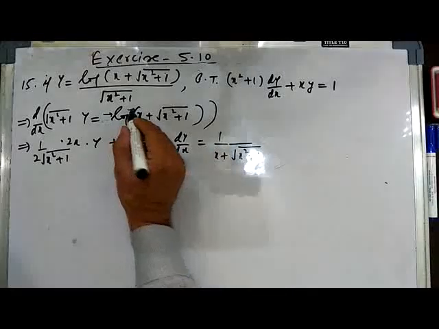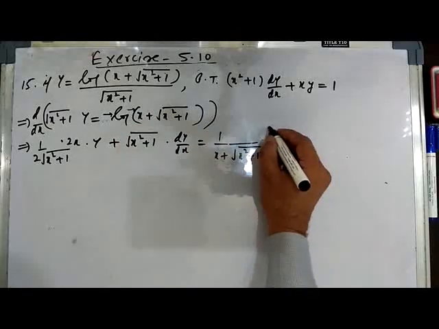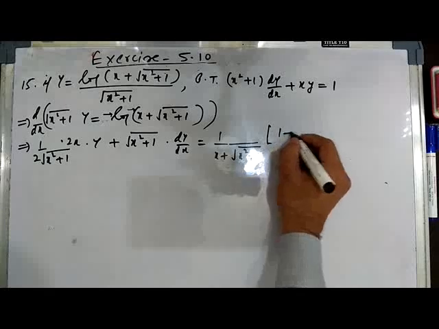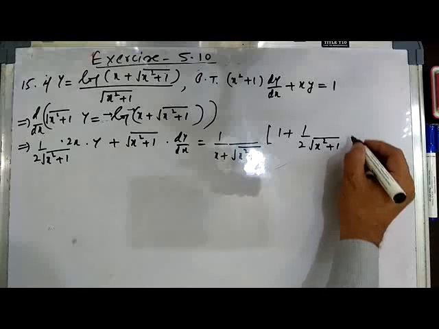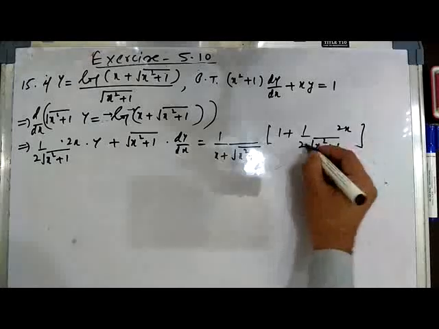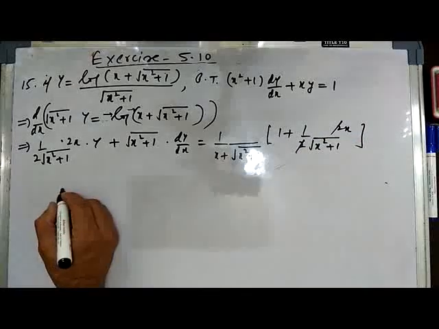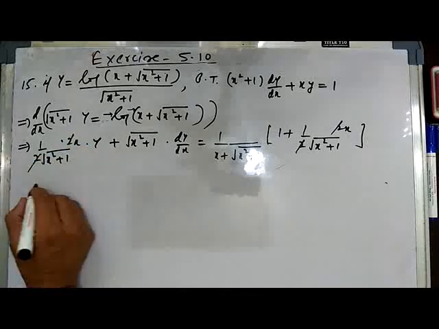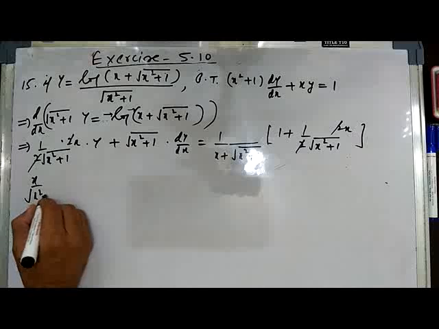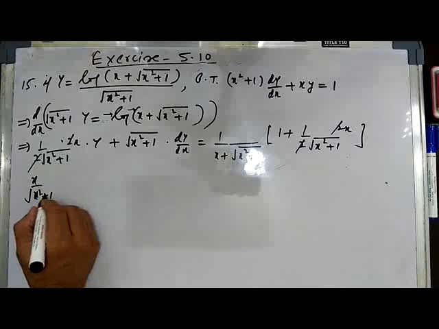Then you reach here, that is 1 plus 1 upon 2 under root x square plus 1 into 2x. 2 gets cancelled. So it is x upon under root x square plus 1.